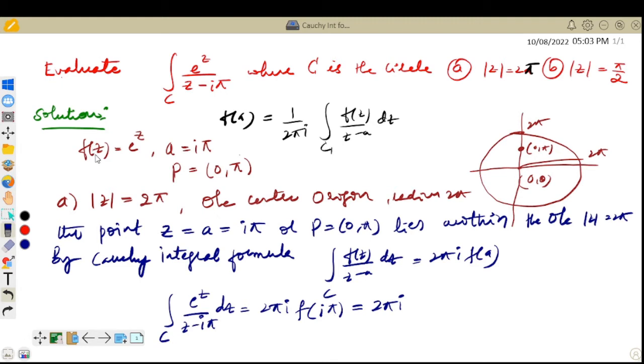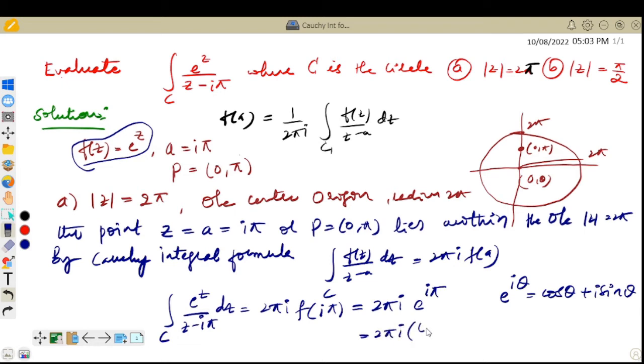You know f(z). Substitute z by i pi. What will we get? e raised to i pi. We know that e raised to i theta is equal to cos theta plus i sin theta. So this will become 2 pi i into cos pi plus i sin pi. The cos pi value is minus 1, the sin pi value is 0.